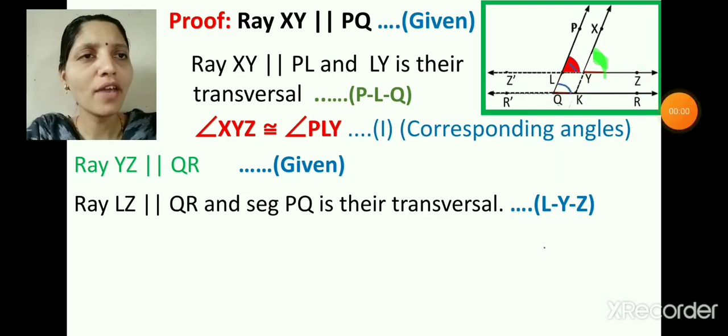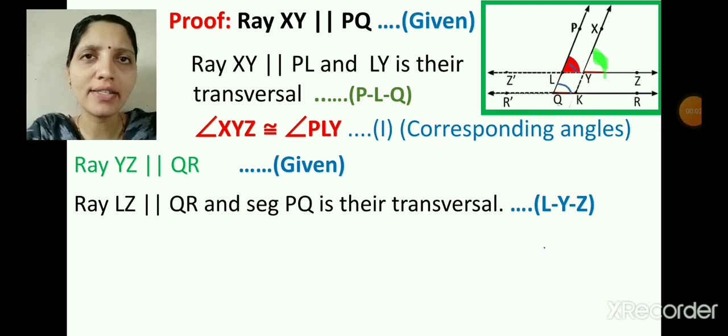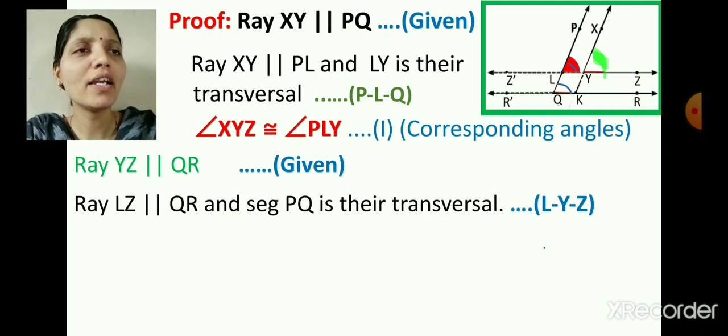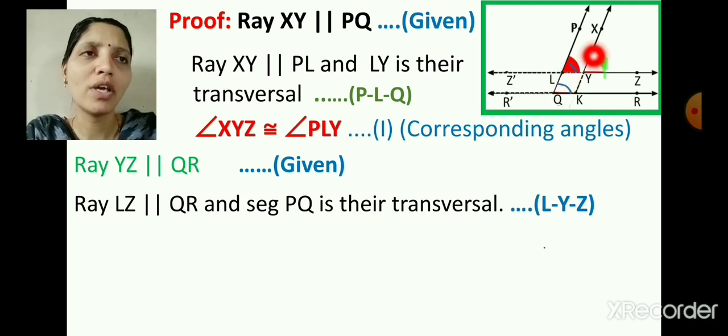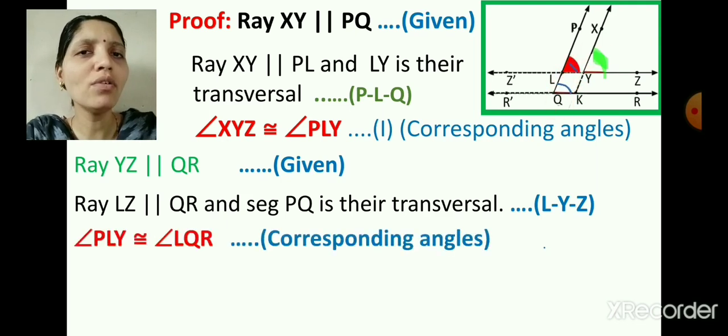So now if you consider line LZ is parallel to line QR and ray PQ is their transversal, then what will you get? Angle LQR and angle PLY, they are corresponding angles, so they must be equal. So let's write down: therefore angle PLY is congruent to angle LQR.